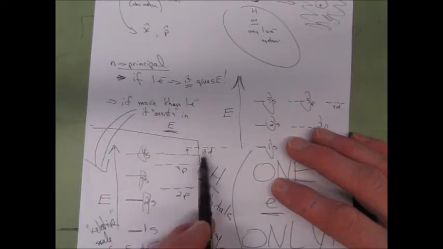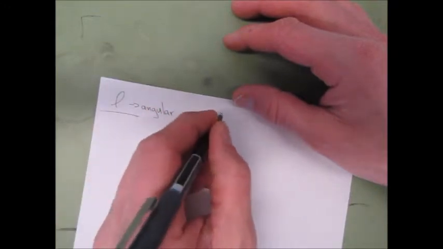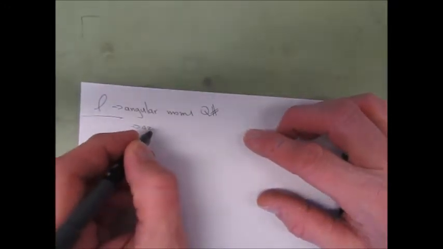So just because the principal number is higher than this one, it turns out that the 3d one is slightly higher in energy than this one. So that's why we say it assists. So next up, you have what they're going to call, I think our book at the moment calls it angular momentum quantum number. Others call it azimuthal?